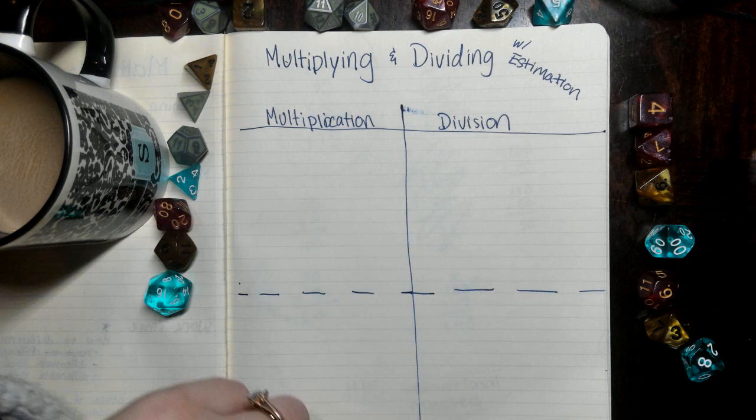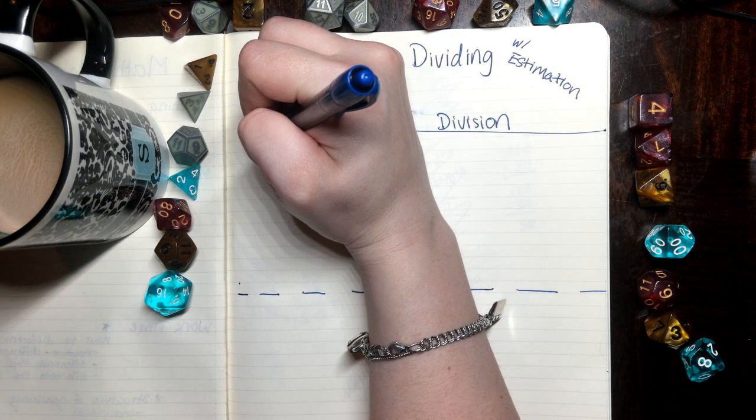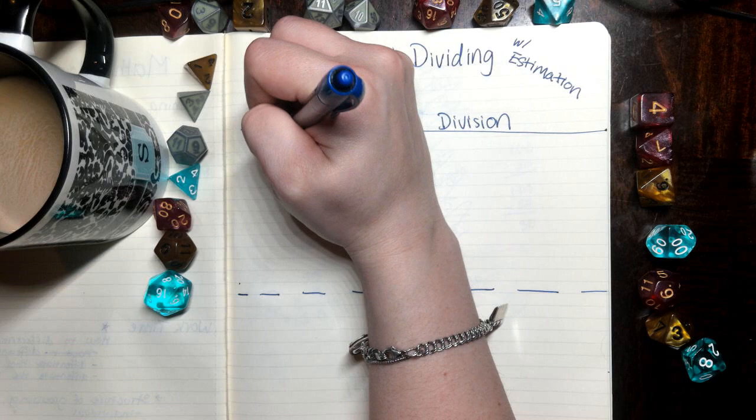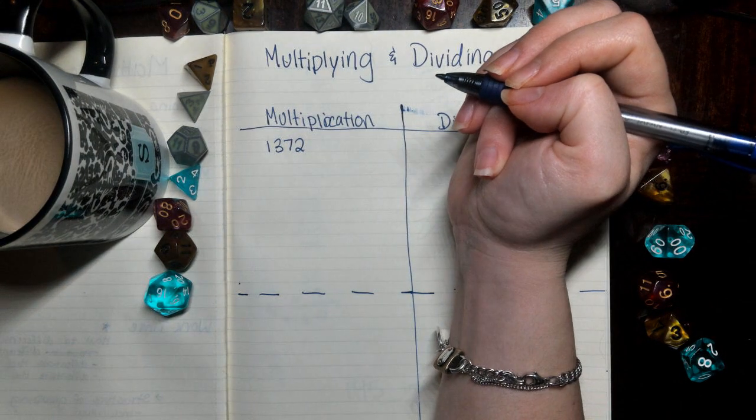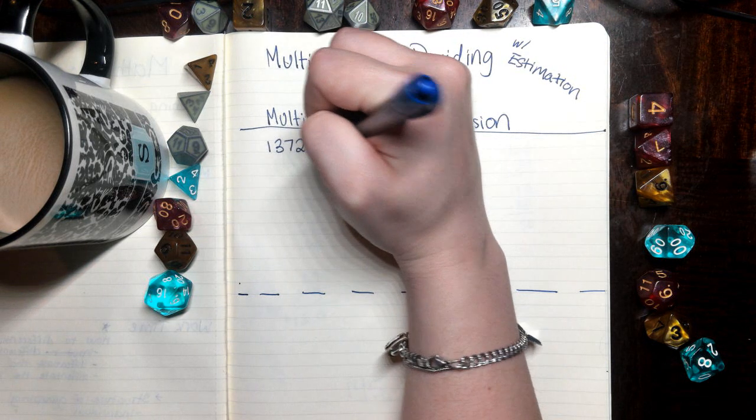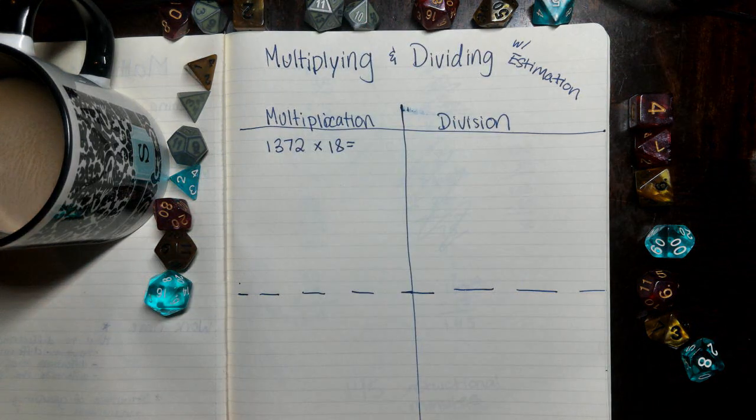We're going to start with just, not story problems or anything, just the numbers, just the equations. So, for example, we'll just string something kind of random together. 1,372 times 18. Okay. So, we have a 4-digit times a 2-digit.